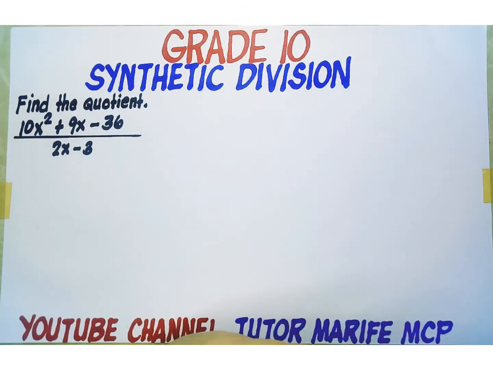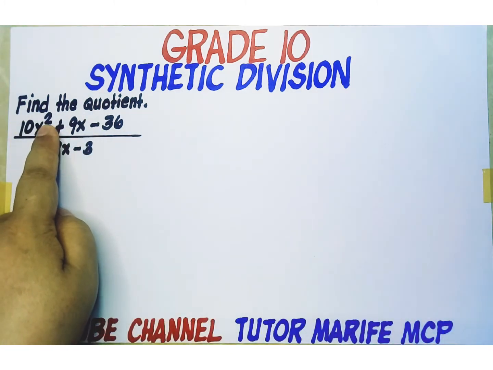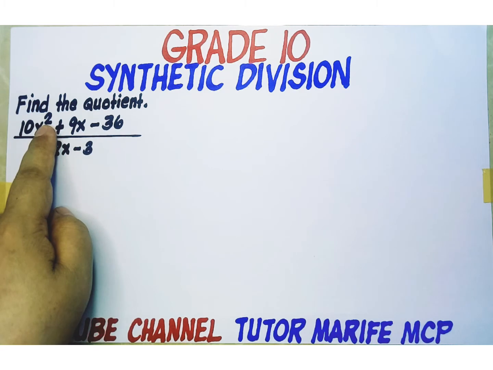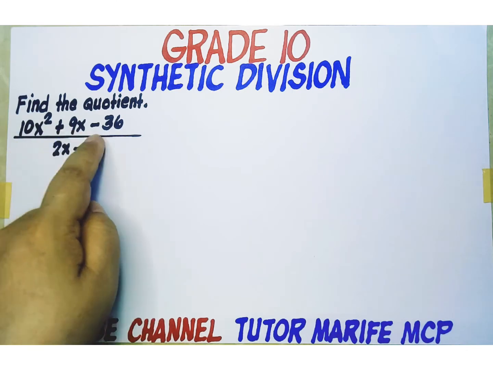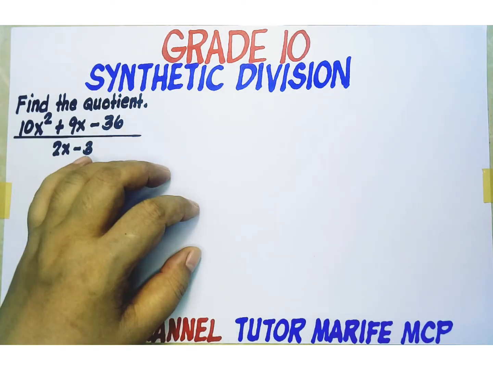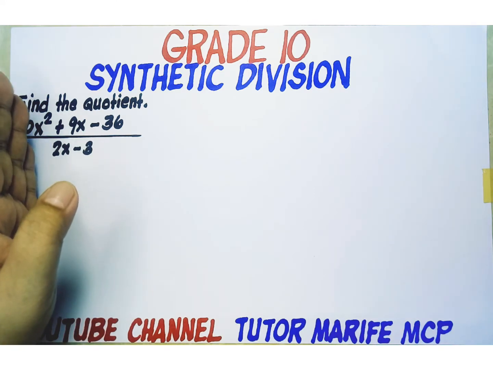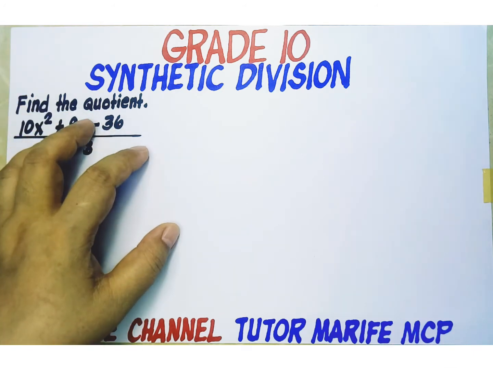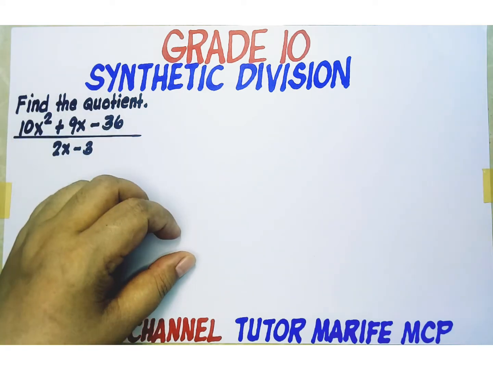If your dividend is quadratic, the degree is 2, 2 plus 1 is equal to 3, so your quadratic polynomial should have 3 terms. If the degree of your dividend is 4, the number of terms should be 4 plus 1 or 5 terms. Okay? So, in that case, there are no missing powers.